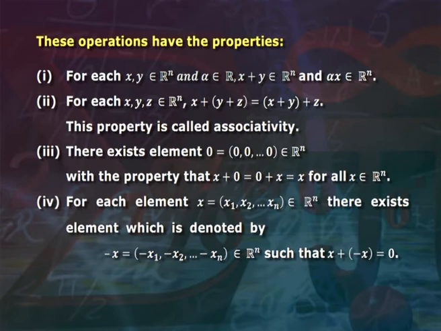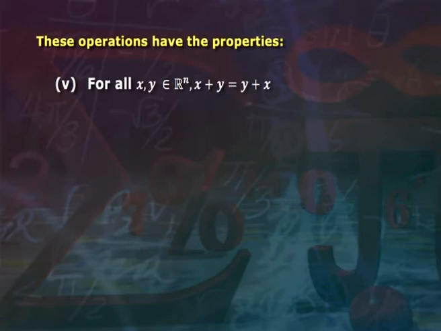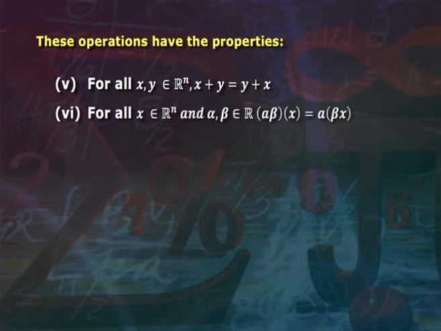4. For each element x equal to (x1, x2, up to xn) in Rn, there exists an element which is denoted by minus x equal to (minus x1, minus x2, up to minus xn) in Rn such that x plus minus x equal to 0. 5. For all x, y in Rn, x plus y is equal to y plus x. 6.